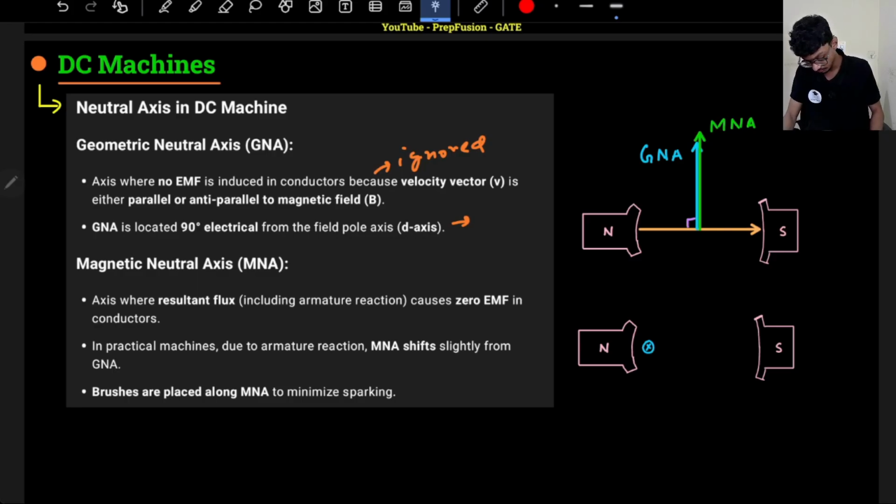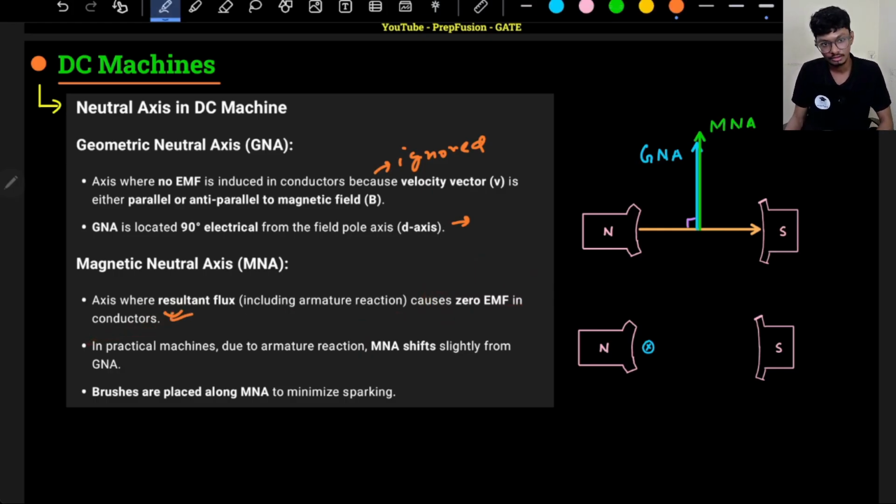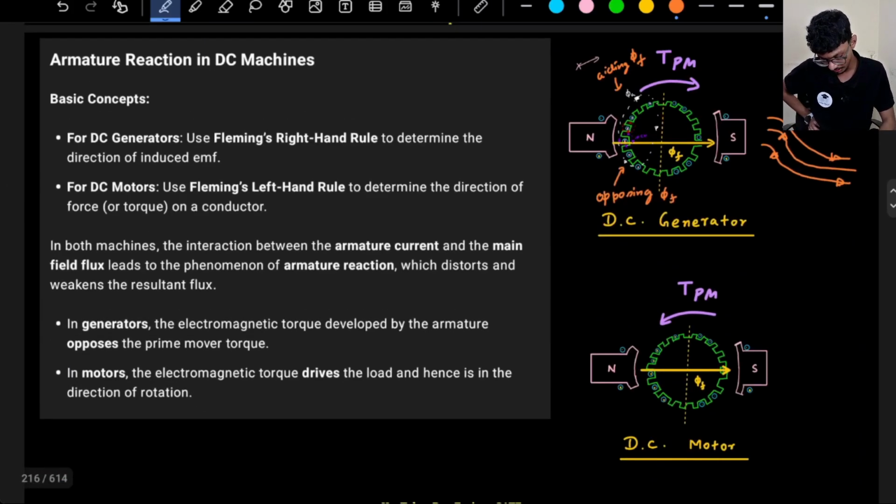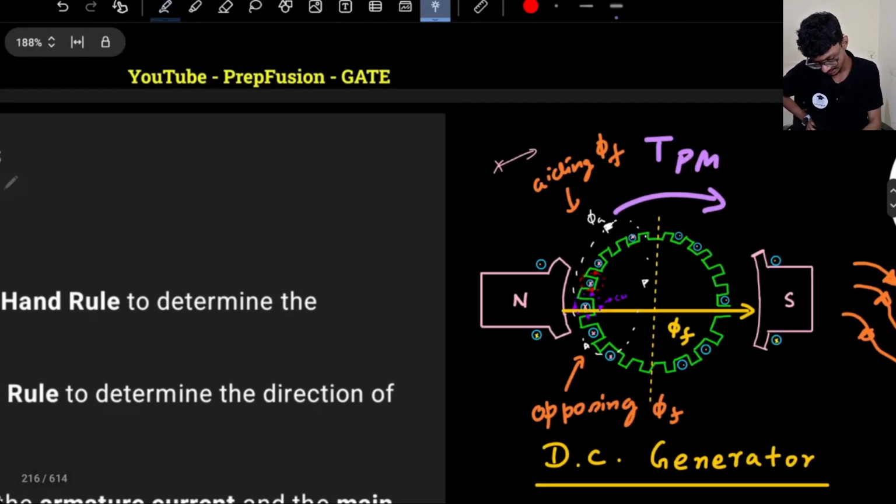What is MNA? MNA is the axis where the resultant flux, including the armature reaction, causes zero EMF in the conductors. Okay, so this definition is very important. One thing I forgot to say, this is the axis, right?